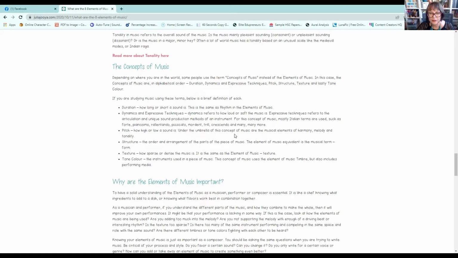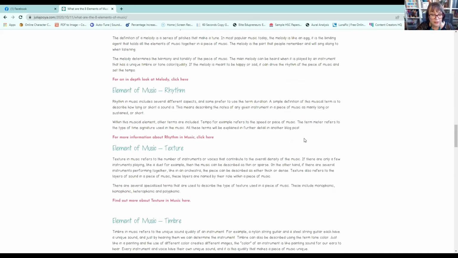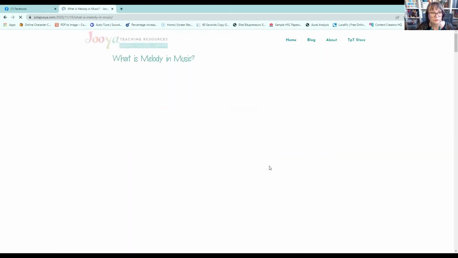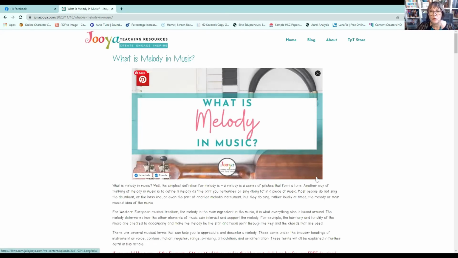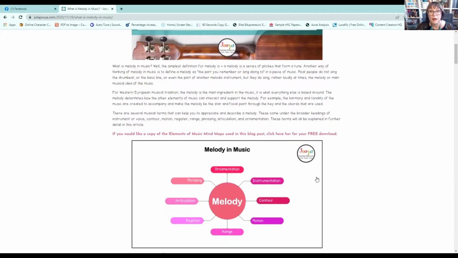Under the umbrella of this concept of music are the musical elements of harmony, melody, and tonality. So if you're looking for more information just on pitch, come here and then you can actually look at those things. So if I go to, let me just go to melody for a start. And if you wanted to know what is ornamentation, what is range, role, register, what is phrasing, what is harmony, guess what?